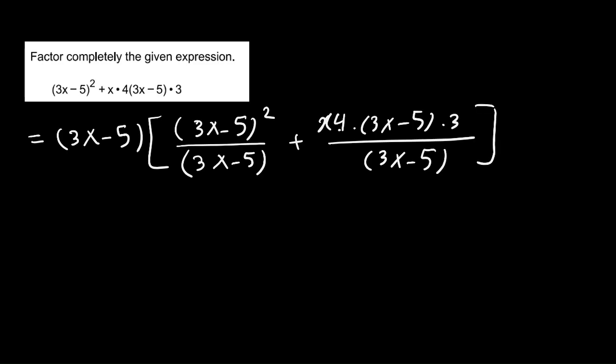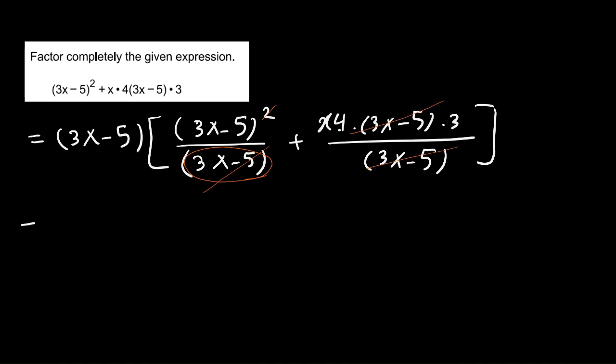I want to do all the steps. When we divide, then we simplify. Here I divide numerator and denominator by 3x minus 5. So I simplify this way.